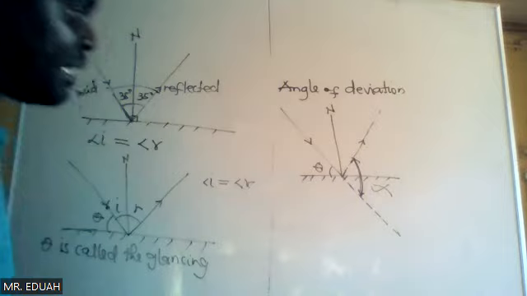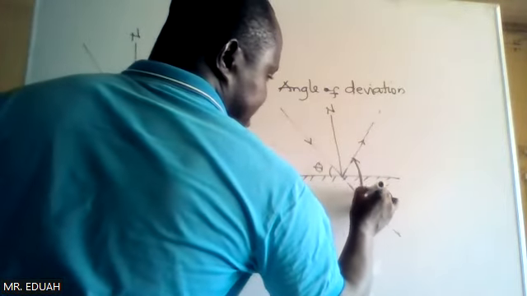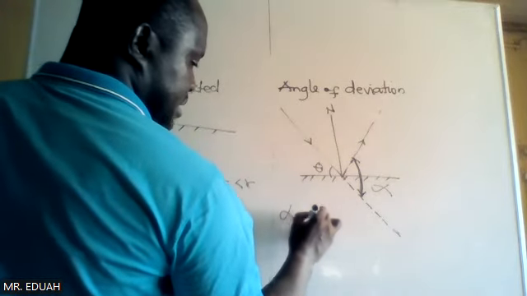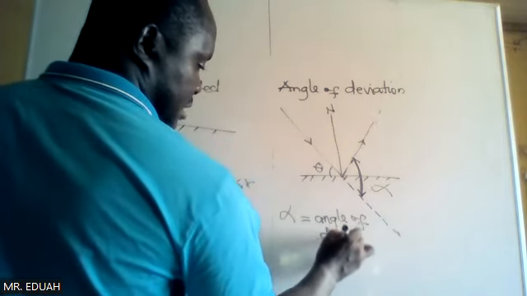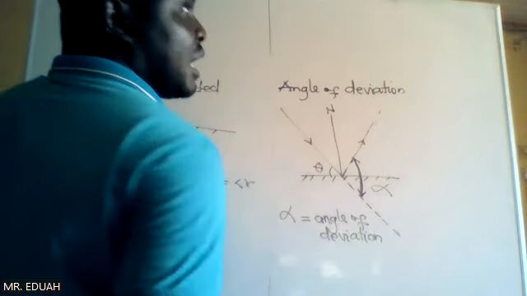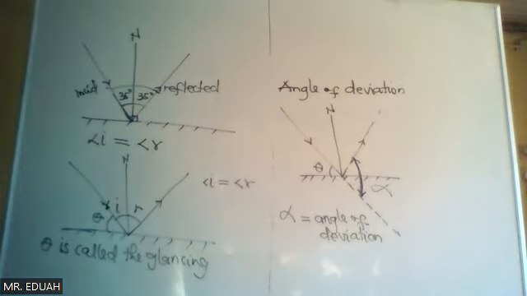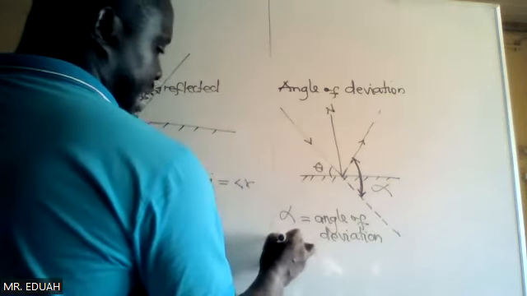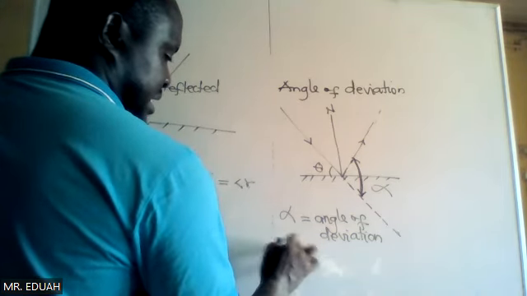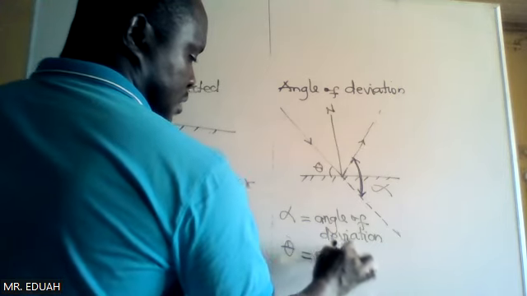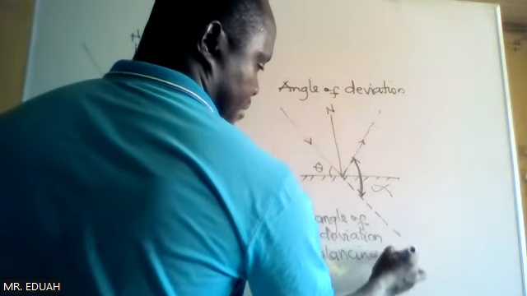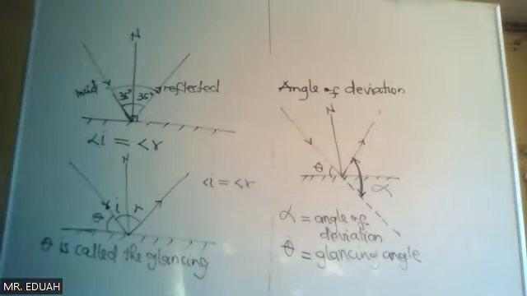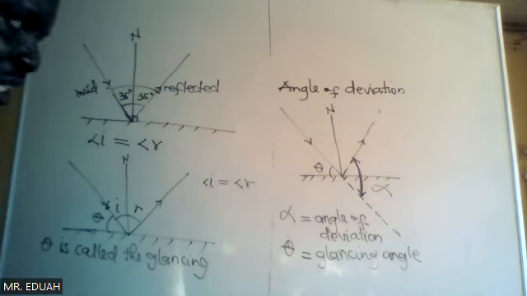It is not in all situations that alpha represents the angle of deviation, but we have chosen to label it alpha. Can somebody help me determine the angle of deviation?